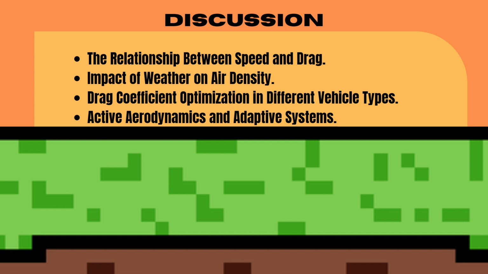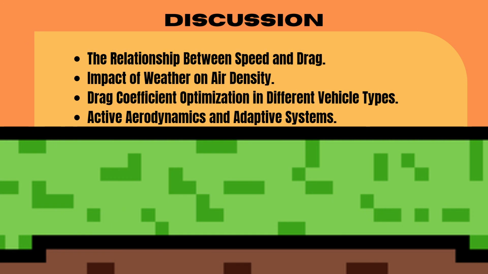For the third, the drag coefficient optimization in different vehicle types. We have, for example, passenger cars, where the automakers aim for a balanced drag coefficient to ensure both fuel efficiency and a stable driving experience. They use shapes that provide decent airflow without making the vehicle too costly to produce. And then we have electric vehicles or EVs.